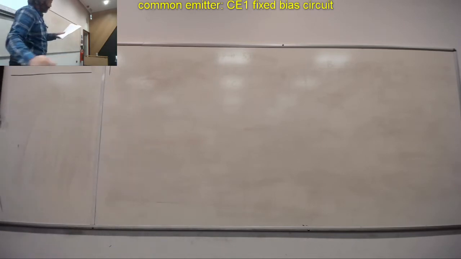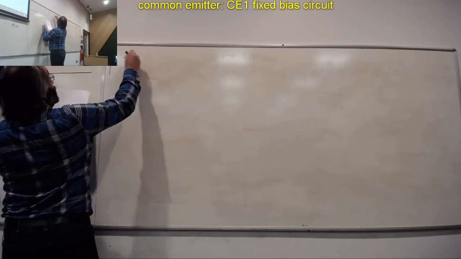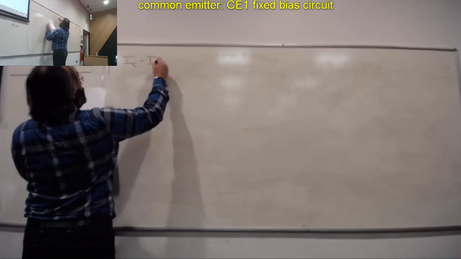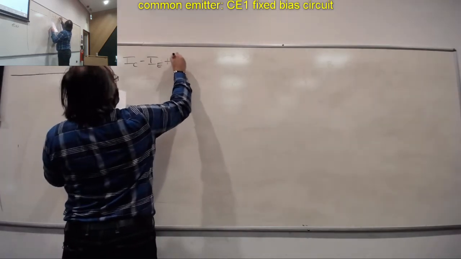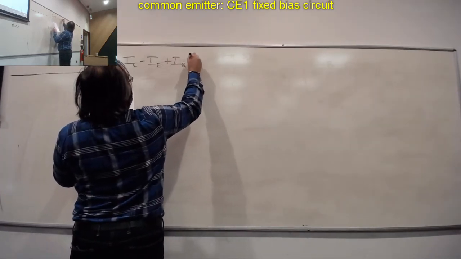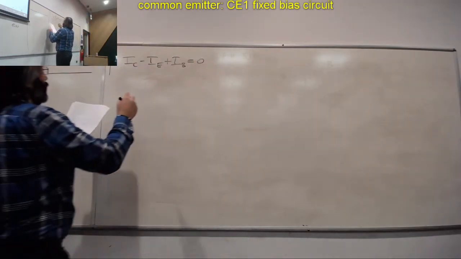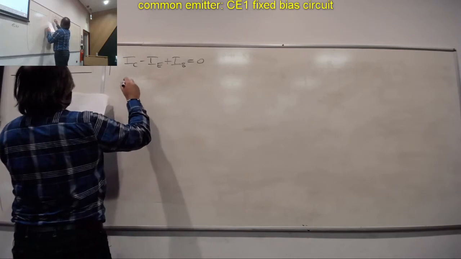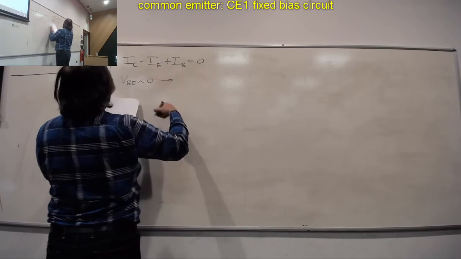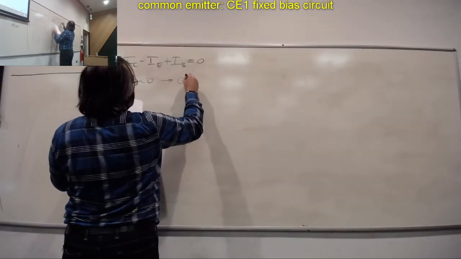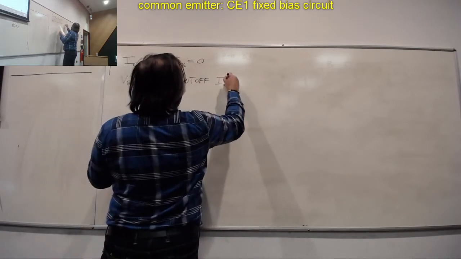Okay, so let's summarize all the beautiful things we've said. The first thing, from Kirchhoff's current law, we had this relation between the different currents of the BJT. We also said that when VBE is roughly 0, whatever happens to VCE, we are in cutoff, which means IC is roughly 0.